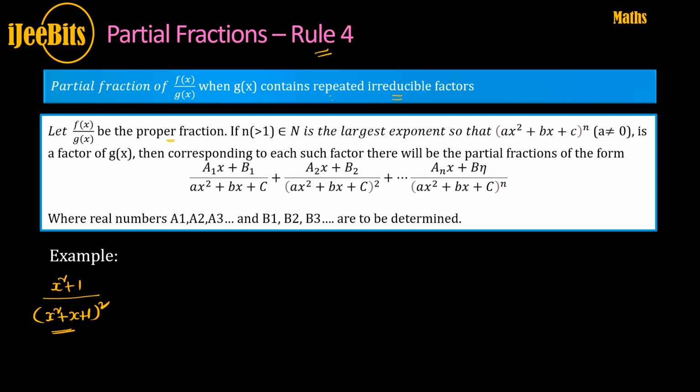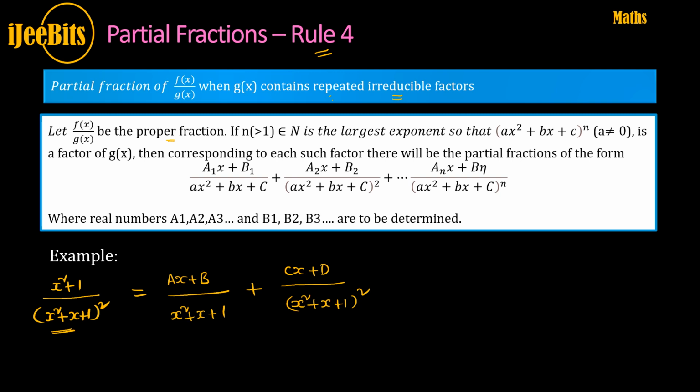What does it say? How do you express this? Let's say (ax plus b) divided by (x square plus x plus 1). This is the first iteration. Go to the next one, maybe (cx plus d) divided by (x square plus x plus 1) whole square, because n is equal to 2, so I have two terms. This is how you can solve. Let's not confuse, because I used a1 x plus b1, a2 x plus b2 earlier.